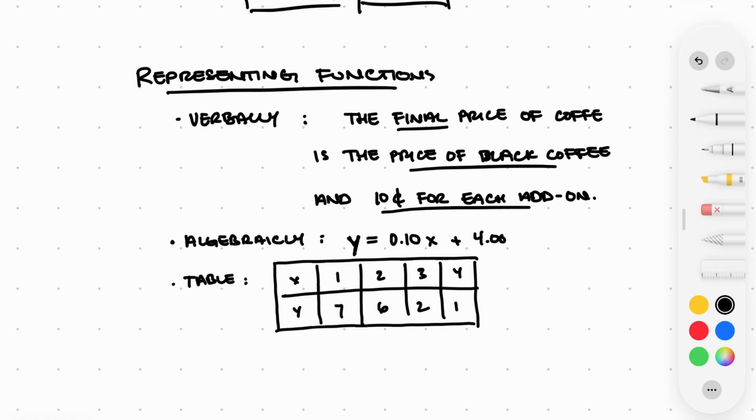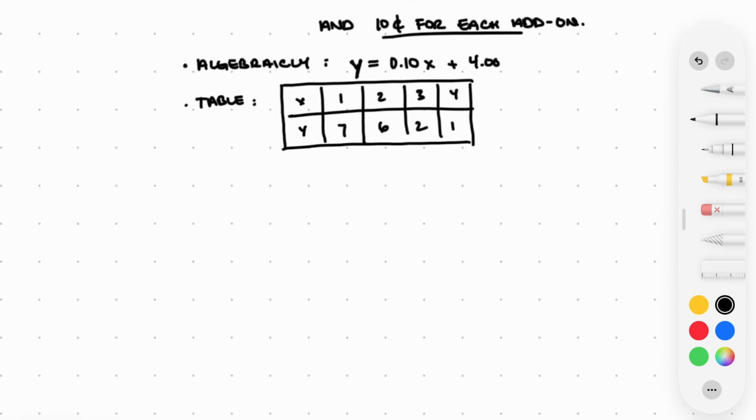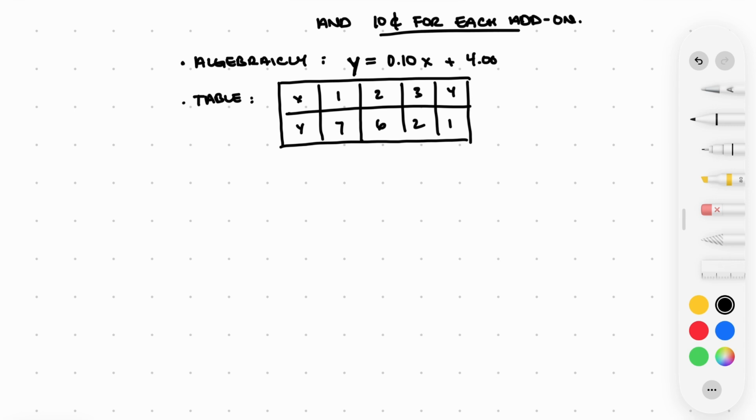All right, so one more category that we are going to cover today is just the linear and nonlinear functions.